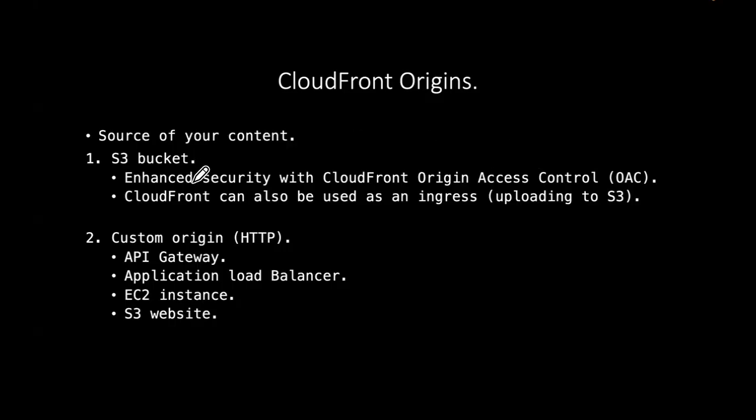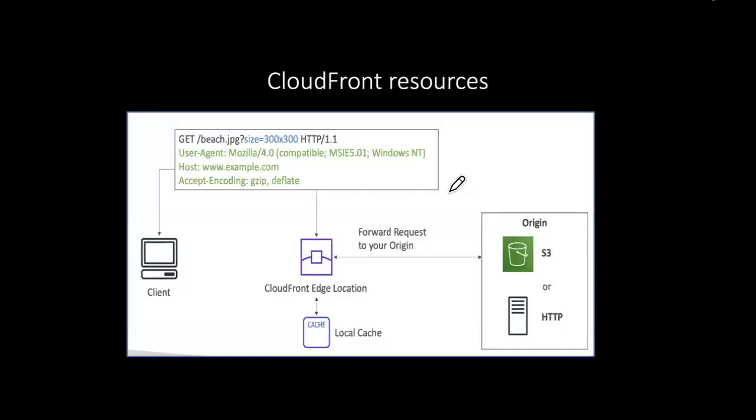You can also use CloudFront as an ingress, where users can upload images or videos or whatever. We won't look at that, but it certainly works for that as well, and that would be part of many websites, I guess. Obviously, if I go back to the previous slide, you're allowing the client to upload.